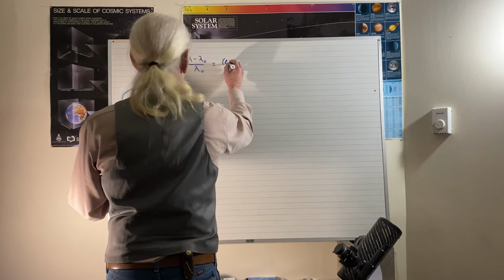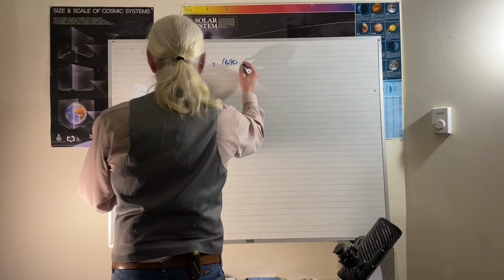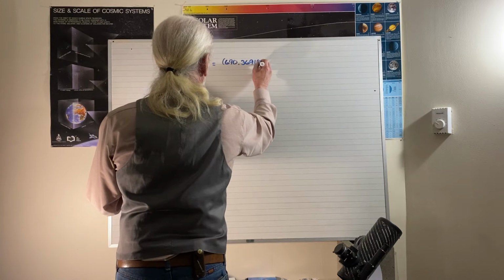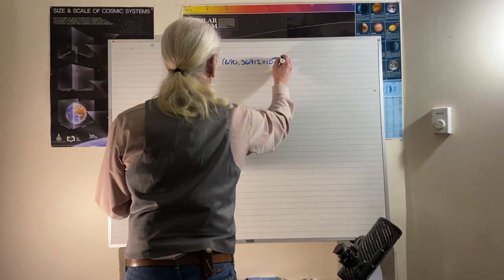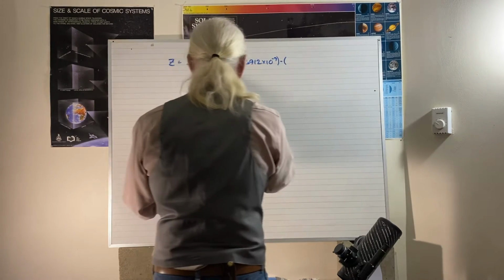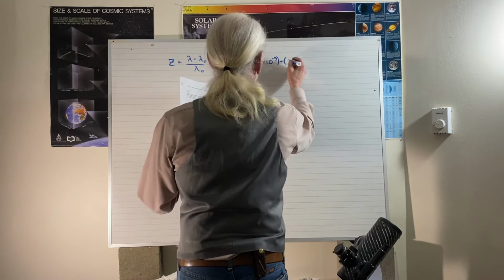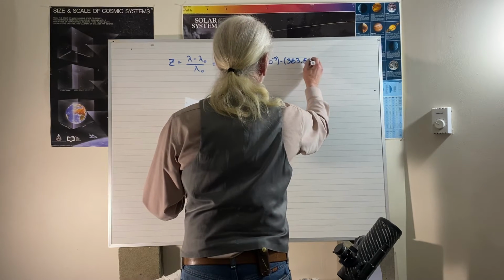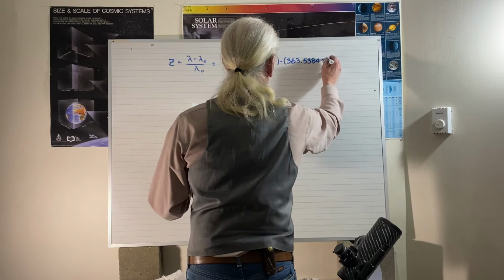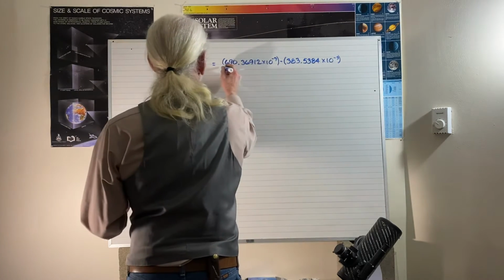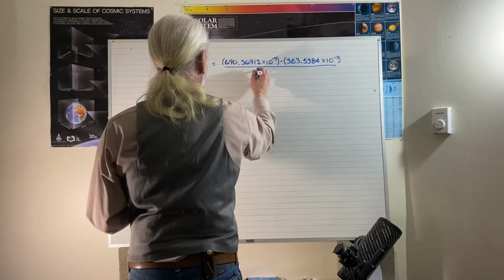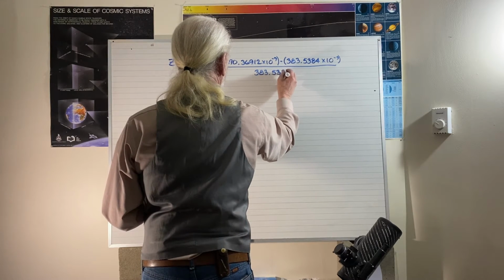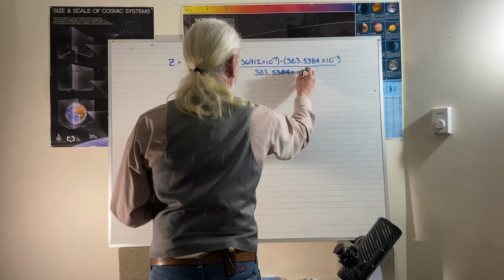So 690.36912 times 10 to the negative 9 minus 383.5384 times 10 to the negative 9, all over 383.5384 times 10 to the negative 9.